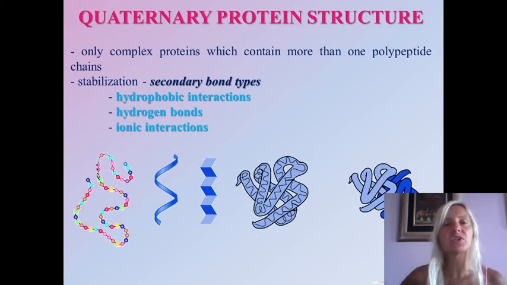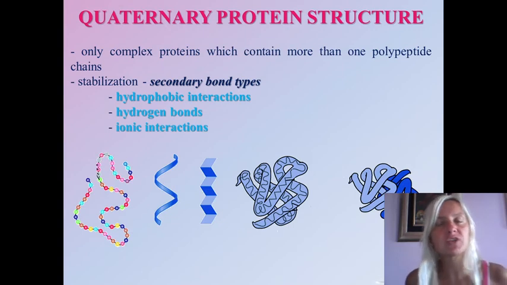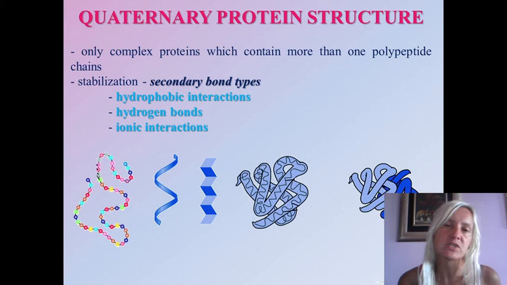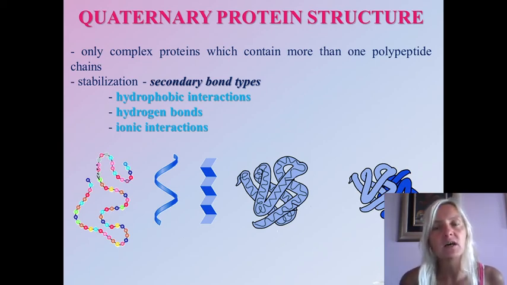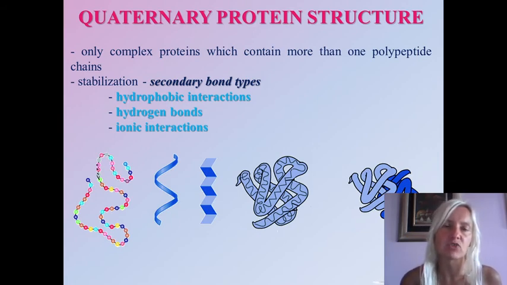Then we have quaternary protein structure, and I like to say that it's optional. Only complex proteins which contain more than one polypeptide chain have quaternary protein structure. It describes the relationship between two or more polypeptide chains found in the structure of those complex proteins.